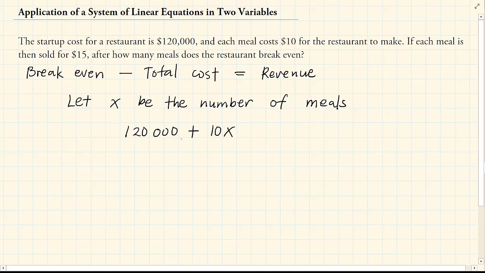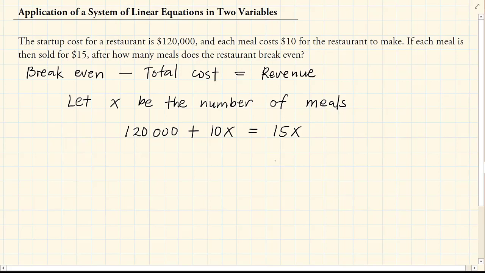So that's 120,000 for the startup plus $10 for every meal. That's the total cost. Equate natin sa revenue. The revenue is $15 for every meal, so we have 15x. So this is now our working equation.